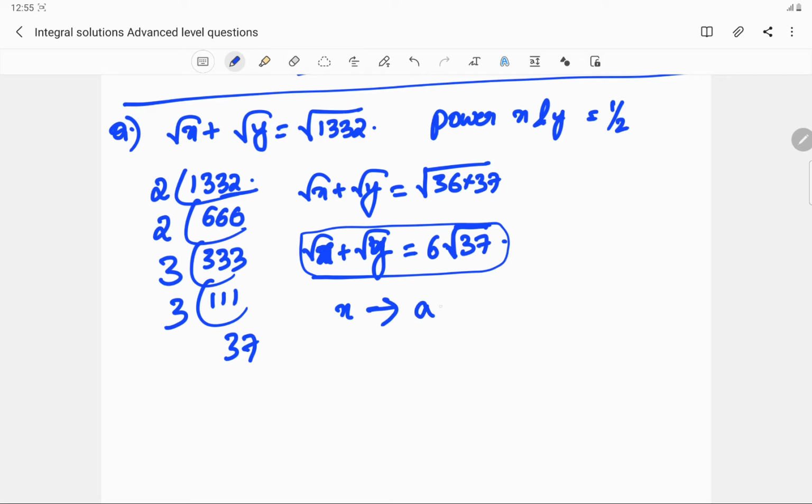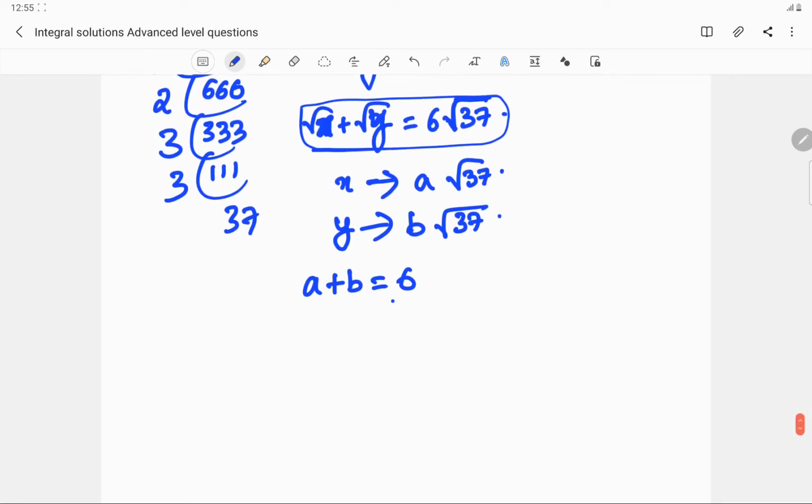That means x must be of the form a into square root of 37 and y must be of the form b into square root of 37. So this will be a plus b is equal to 6. So in order to find out the non-negative integral solutions or else positive integral solutions, it can be found out from this equation.